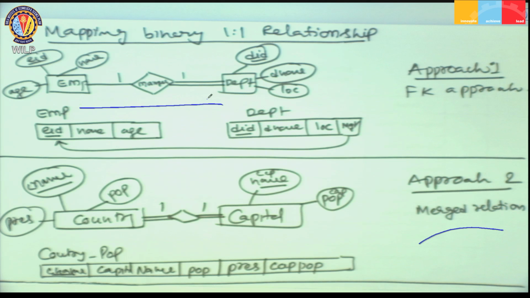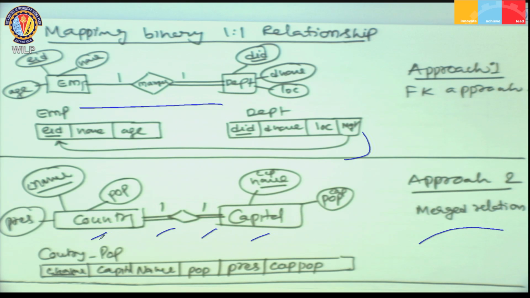You add a foreign key in the relation which represents the entity type on the total participation side, and include a foreign key which points to the primary key of the other relation. And in the other case, this is also a one-to-one relationship. Let us assume a scenario where we have countries and capitals. Let us assume that capital names are unique and country names are also unique.